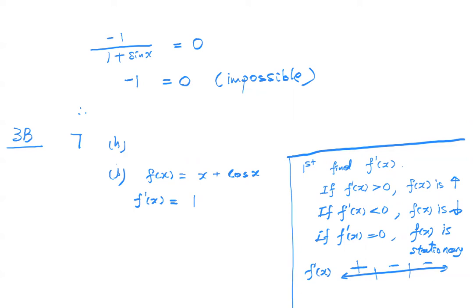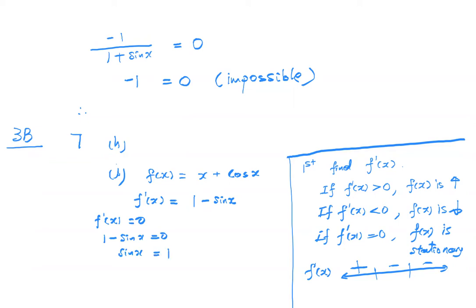Kevin? Okay, so whenever we want to draw a sign diagram, we have to say f prime x equal to 0, correct? So that means my 1 minus sin x equal to 0, correct? So my sin x equal to 1, correct?